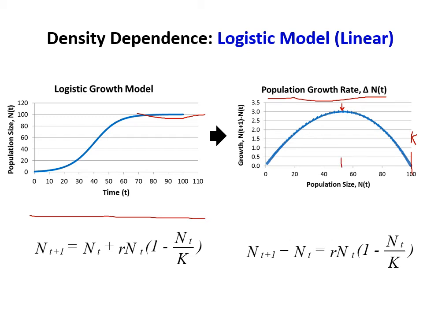And what you'll find is that that is maximized at 1/2 of K, or half of the carrying capacity. So what we've got on the left here is this equation that predicts numbers over time. On the right, you have change in numbers over time.